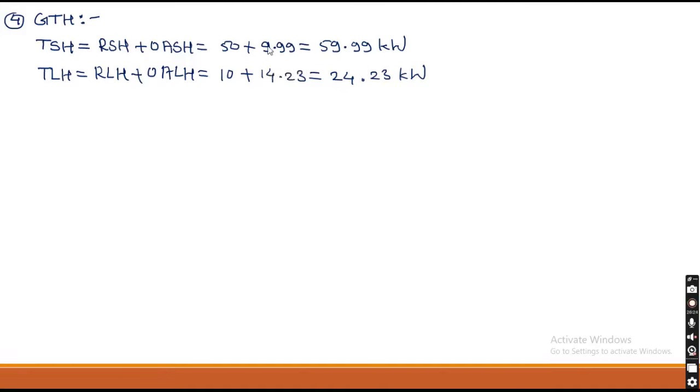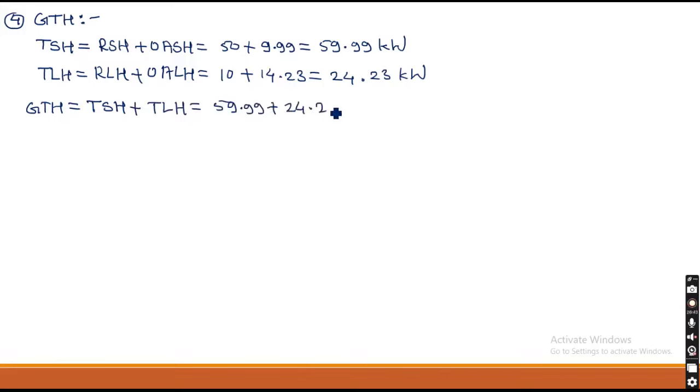Now grand total heat, we have grand total heat is equal to total sensible heat plus total latent heat, isn't it? So 59.99 plus 24.23.